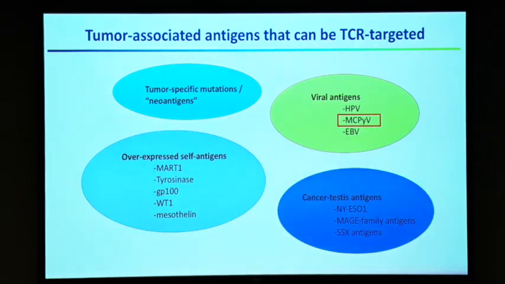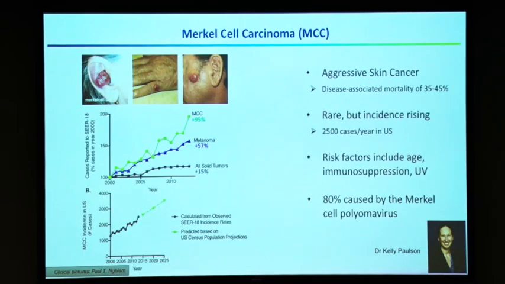So anyways, with T cells, you can start to target a lot of things in tumors: tumor-specific antigens, overexpressed self-antigens, and also viral antigens. What I'm going to be focusing on today is the Merkel cell polyomavirus that we have a full program on in the lab. Merkel cell carcinoma is an aggressive skin cancer, even worse than melanoma.